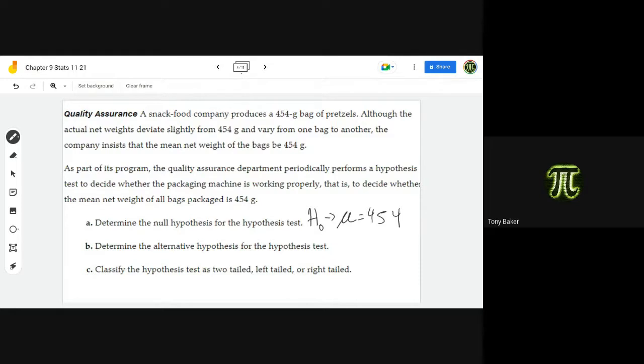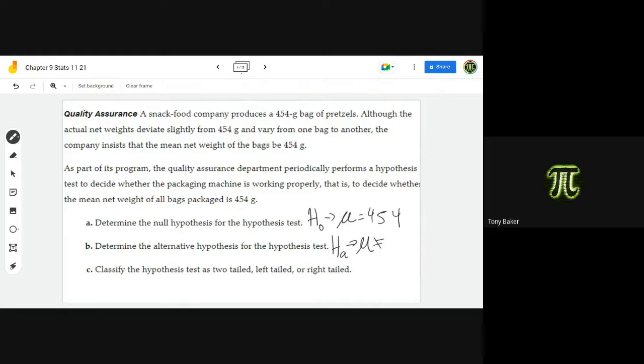Now, what is my alternate hypothesis for this? Why is it not equals and not less than or greater than? It doesn't have to be that way.